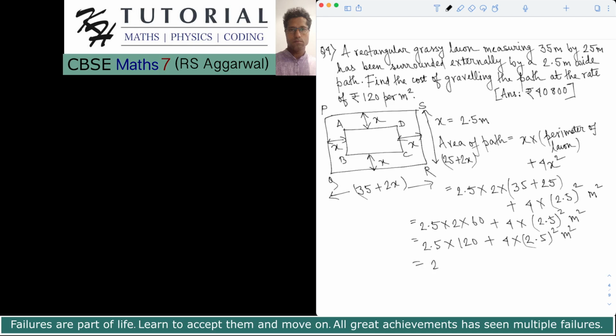Let's take 2.5 common, and I have 2.5 multiplied by 120 plus 2.5, this much meter square, and this is equal to 2.5 multiplied by 122.5 meter square.